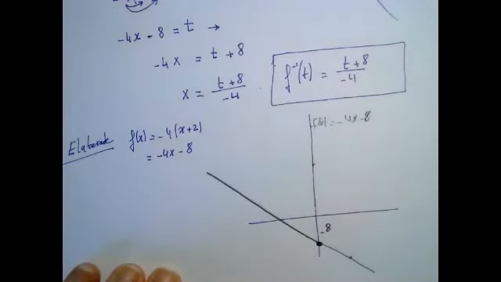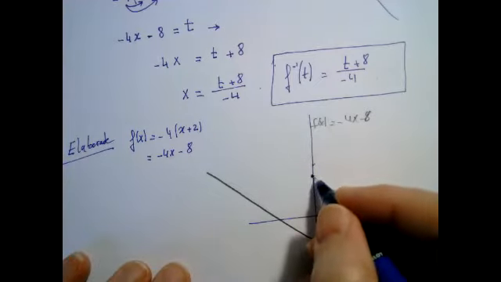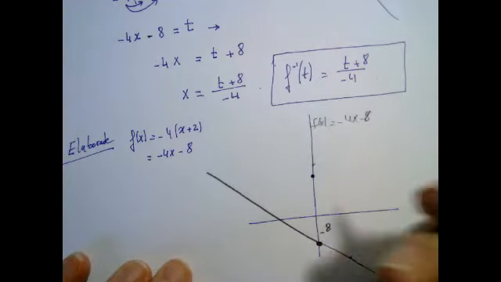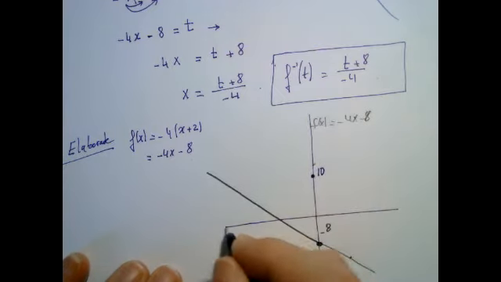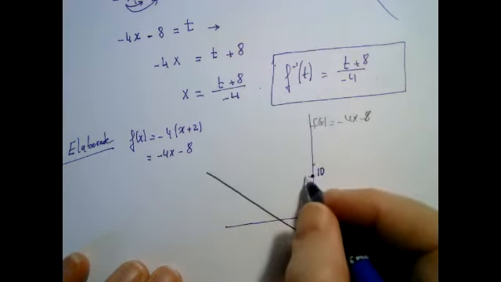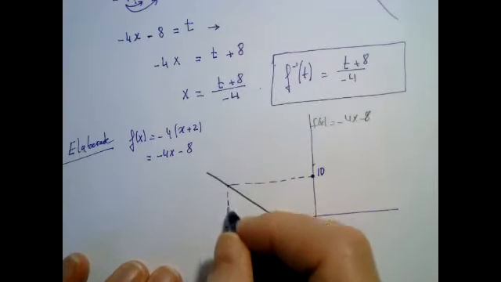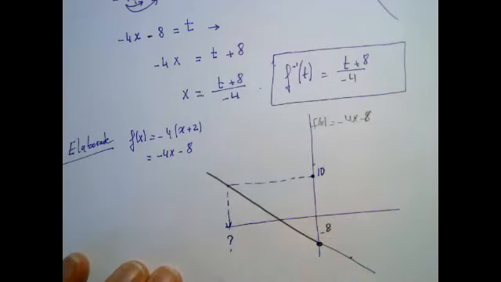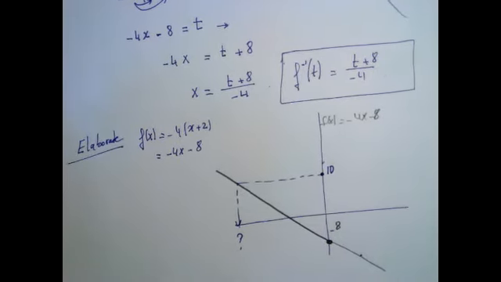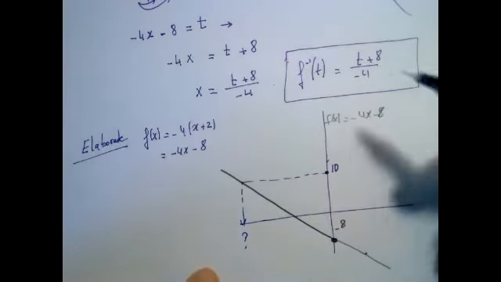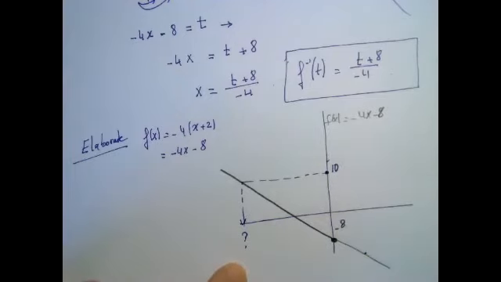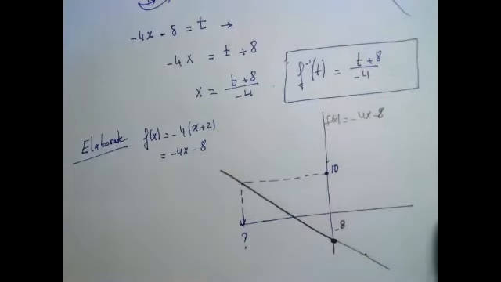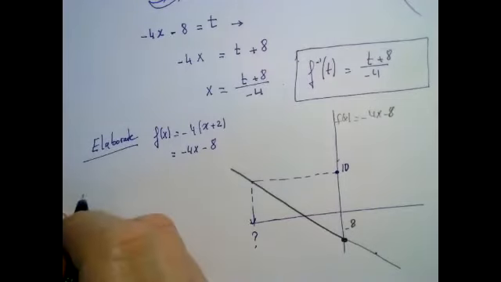What does f inverse of t really tell me? Suppose I pick here any value. Suppose I pick this to be 10. My question is, how can I use the formula to find what this is? If I know the output 10, this formula should tell me the input where the output is 10. So what is f inverse of 10?